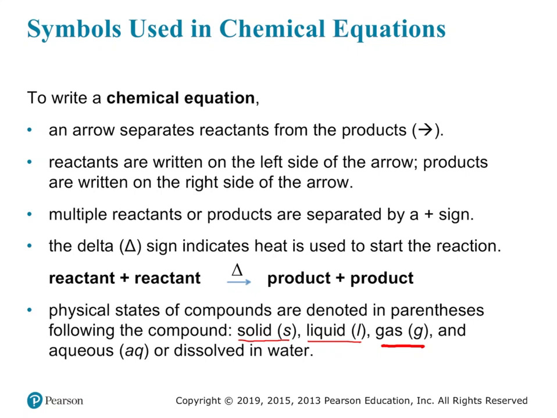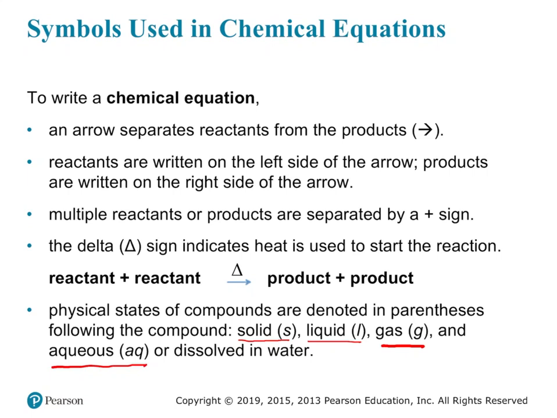Now there's one more state that can occur in reactions, and that is the aqueous state, or AQ in parentheses. So this just means that something is dissolved in water, or it's been diluted in water. And this is pretty common in chemistry.